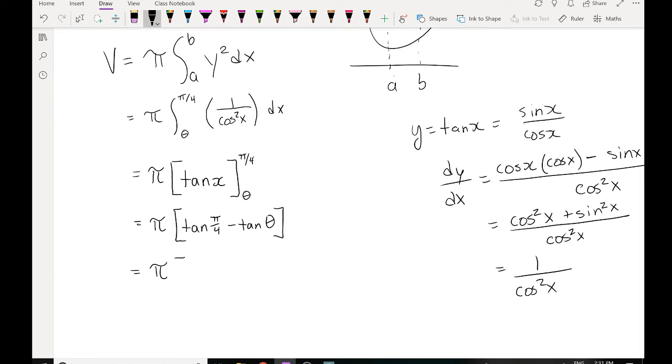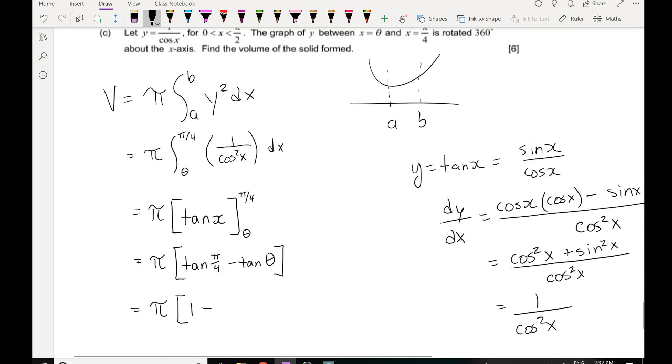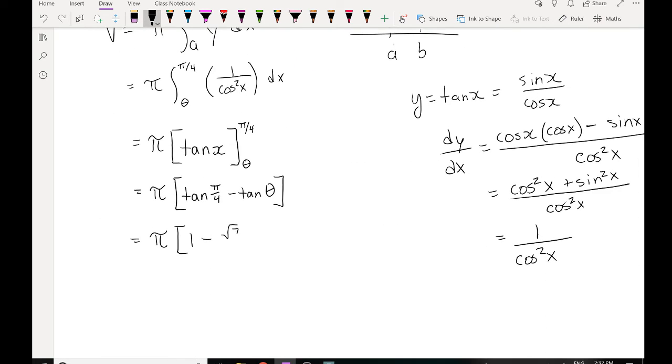So in this definite integral, tan of pi over 4 is just 1, so that's doable. Tan of theta, I just said it, but I forgot, is root 7 over 3. And so I swap those out, and now I'm in business to solve this question without too much difficulty.